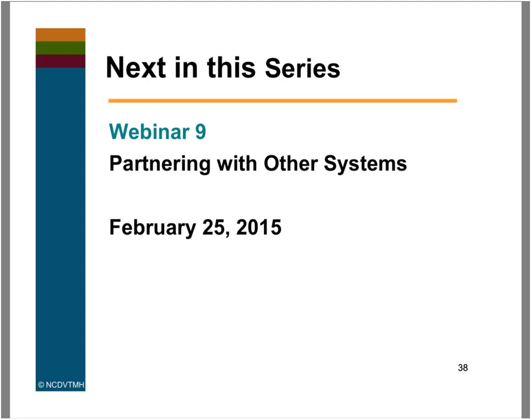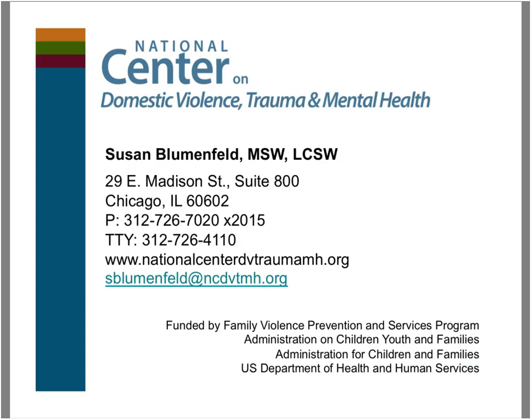We're going to talk about advocating across systems and probably focus a little bit more on families who may have involvement with child welfare and our relationships and what we can do to be supportive. So with that, Erin, I think I'm going to turn this over to you.